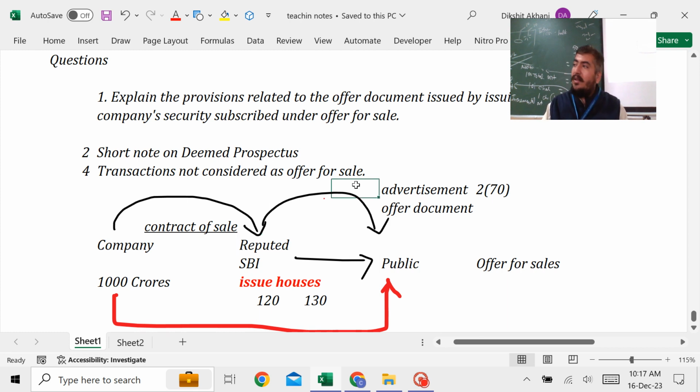But still CBI officers have the right to consider this as what? Offer for sale, depending upon their findings. But the point will be, if it is based on those two conditions, burden of proof gets shifted to the company's shoulder. But if otherwise, then the person who is alleging needs to prove it was offer for sale. Make sense or not? Okay children.